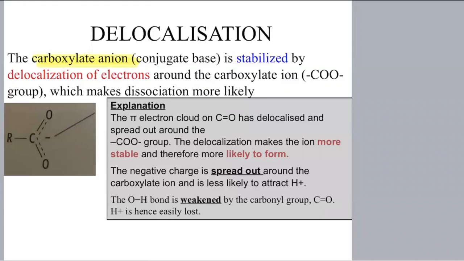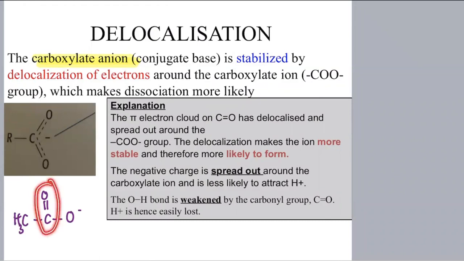If I draw your anion, let's have an ethanoate ion, CH3 C double bond O minus. This is how you would usually draw your carboxylate ion. Now you see this C double bond O.